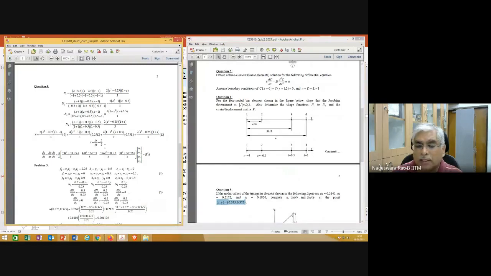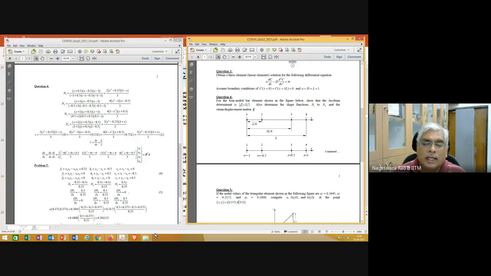This is nothing but isoparametric mapping. X is equal to N1 x1 plus N2 x2 plus N3 x3 plus N4 x4. X as a function of s is equal to N1 as a function of s multiplied by x1, N2 as a function of s multiplied by x2, N3 as a function of s multiplied by x3, N4 as a function of s multiplied by x4. So that is what this is.